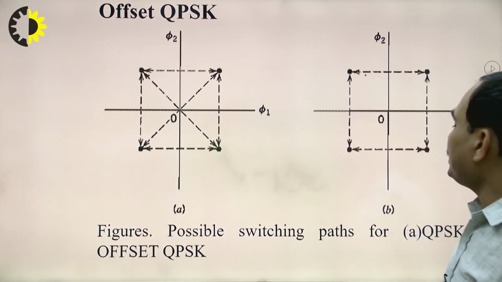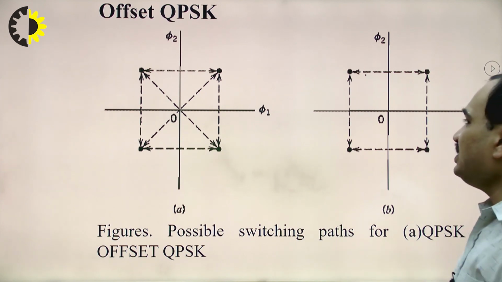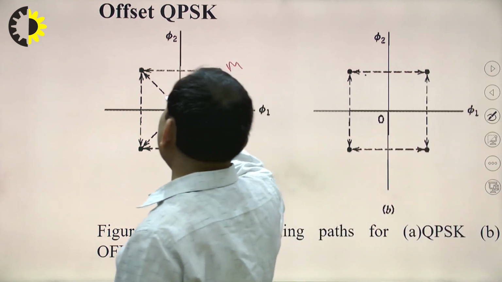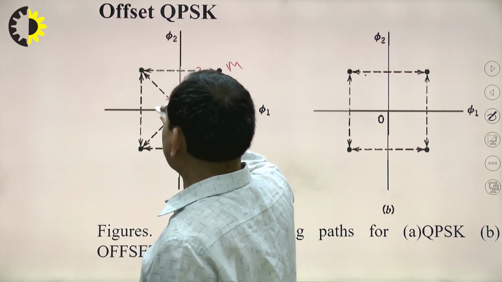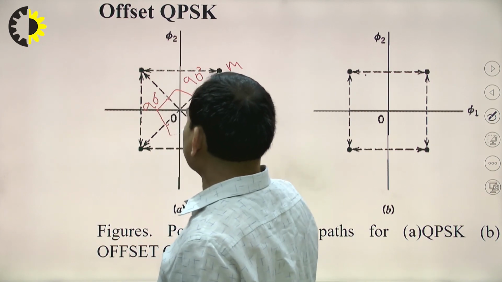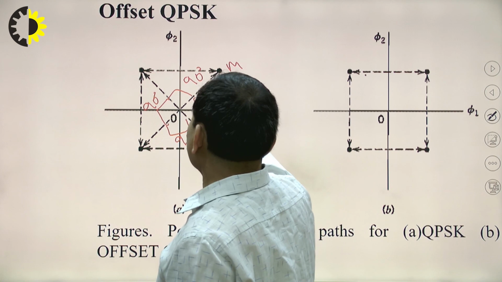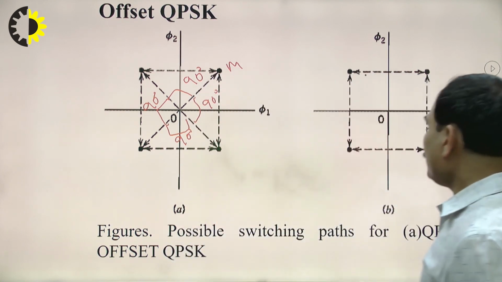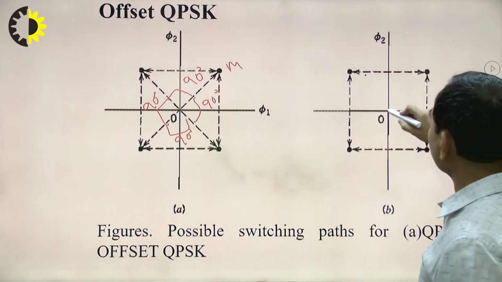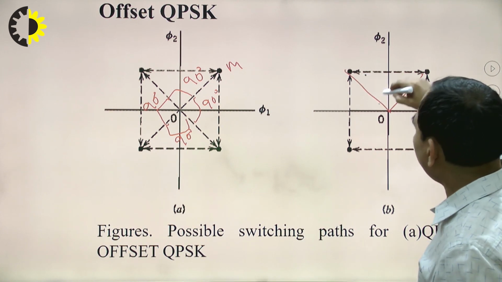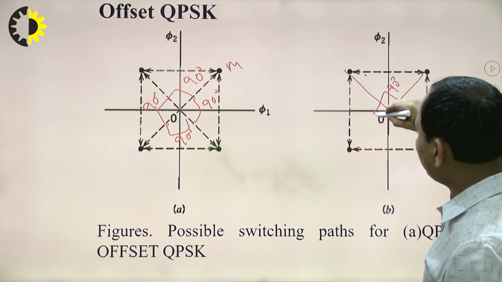So, as I've already explained, according to the observations, the 4 message points are separated by 90 degrees. Here we can see all these message points are separated by 90 degrees. Similarly, in case of offset QPSK, all these message points are separated by 90 degrees, or quadrature phase.